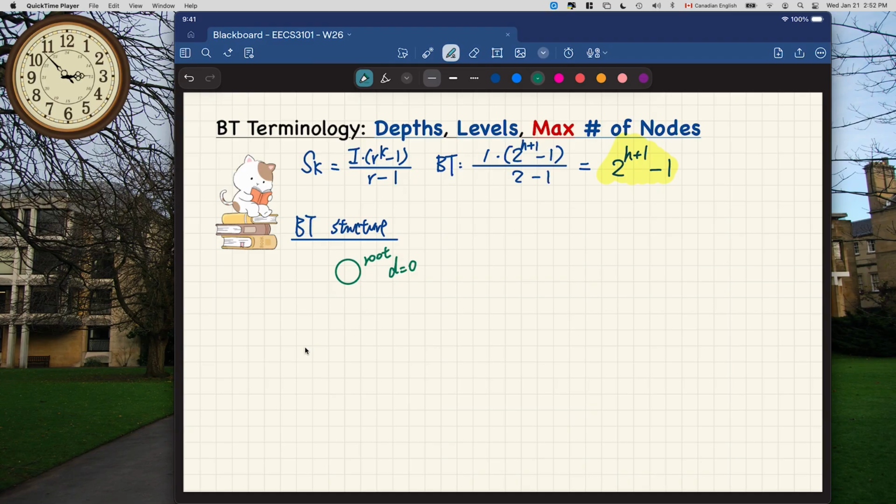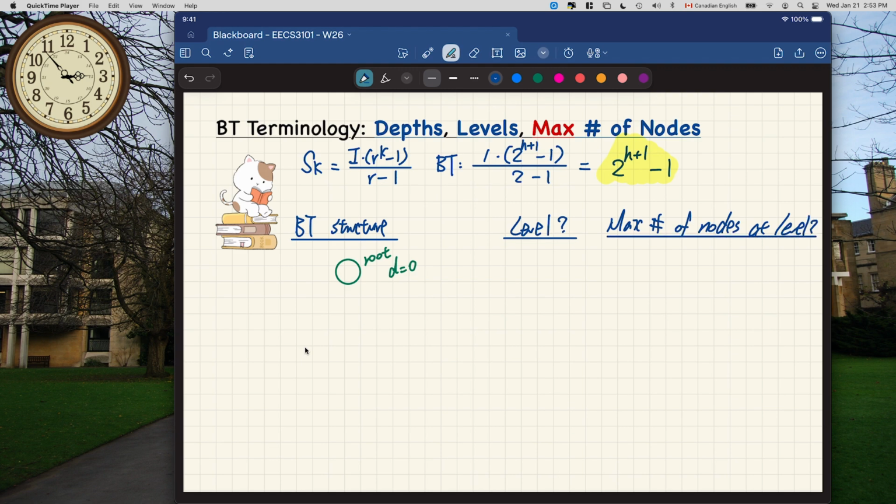That means the number of edges from this node to the root itself is 0. Just remember the definition. Now I'm going to set aside a table. We're also going to talk about the level, and we're going to fill out the maximum number of nodes at that particular level.